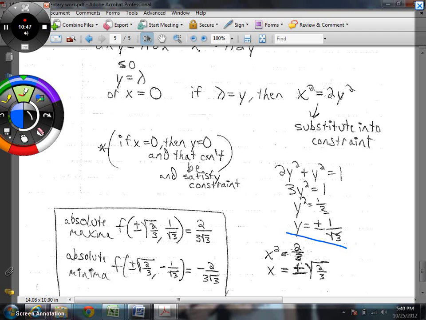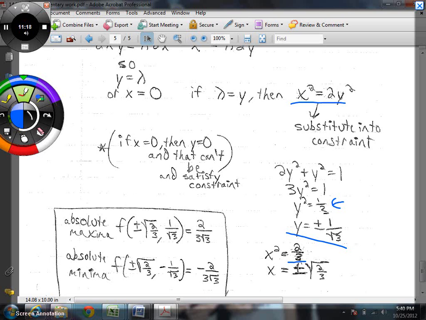Since y squared is 1/3, x squared equals 2 times a third, so x squared equals 2/3. Take the square root, plus and minus the square root of 2/3. You'd have to plug those into the original function, and you get your absolute maximum and minimum.